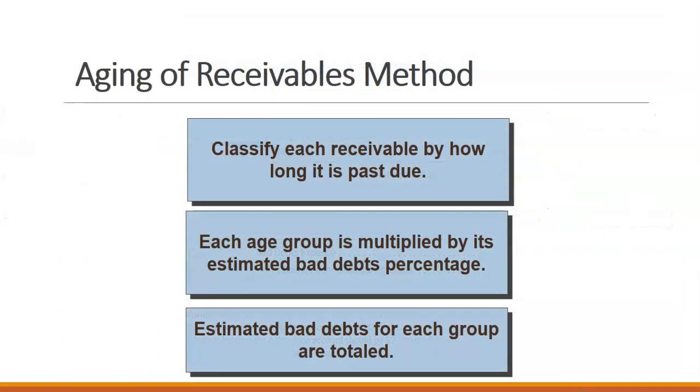The next method that we look at is called aging of receivables method. So the aging of receivables method shows that as a receivable gets older, the chances of it being collected become more and more unlikely. So we have age groups for our bad debts.